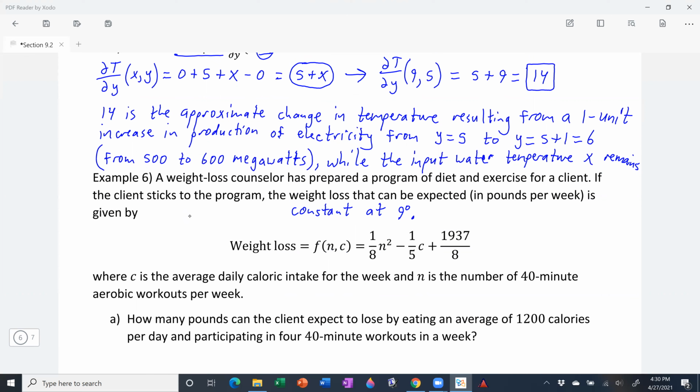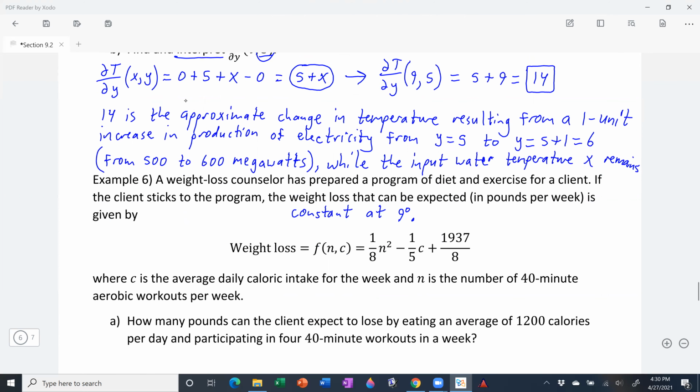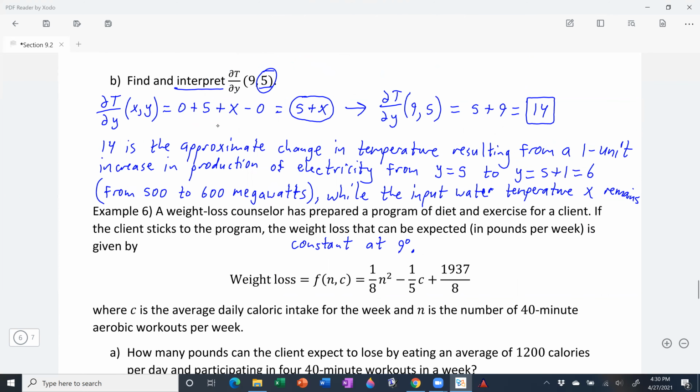Okay, so yeah, multiple variables involved. Very important to read it very carefully and analyze which variable you're taking the derivative with respect to. And then we always want to think about it's that 1 unit increase. And then be able to really comb through the paragraph and be very careful about what all of the variables represent. So incredibly powerful application here.